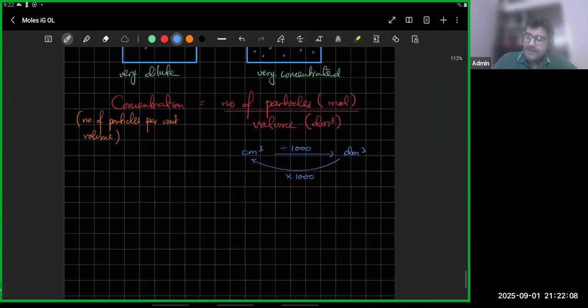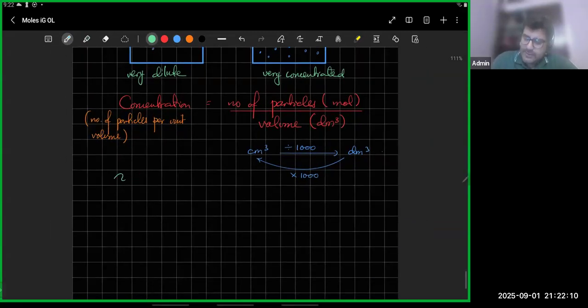Now to simplify this, concentration is what? Concentration is moles, remember the symbol for moles, I'm going to use n, over volume. So n is moles, and the volume is going to be in decimeter cube. And that's what concentration is.